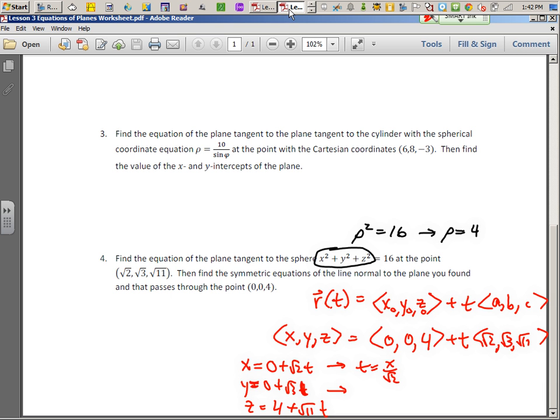If you isolate t in the second one, you get y over root 3. And if you isolate t in this last one, you get z minus 4 over root 11. So your final answer for the symmetric equation of the line normal to the plane passing through 0, 0, 4 is basically x over root 2 equals y over root 3 equals z minus 4 over root 11.